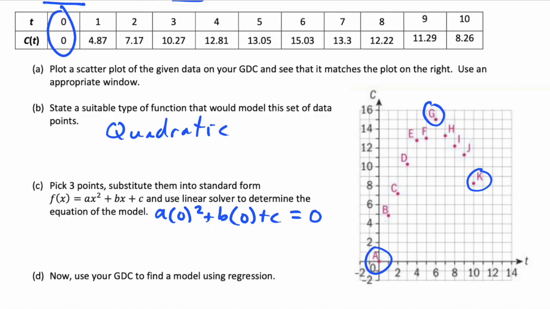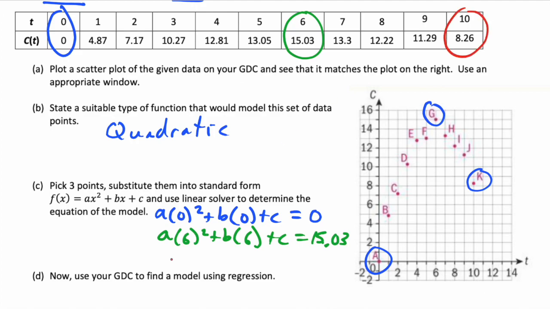The next one is the maximum, G, right there. That's A times 6 squared plus B times 6 plus C equals 15.03. And the last point is A times 10 squared plus B times 10 plus C equals 8.26.